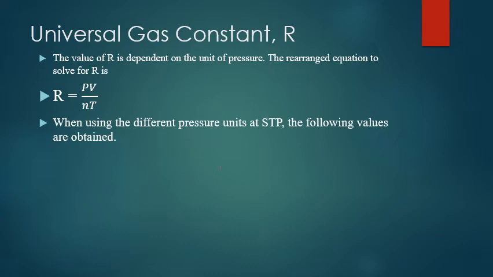So when we look first at our R in atmospheres, that would give us 1 atmosphere for the standard pressure. The standard volume for 1 mole of a gas is 22.4 liters. So I'd have 22.4 liters, and then I would divide that by 1 mole. And 0 degrees Celsius would be 273 Kelvin.